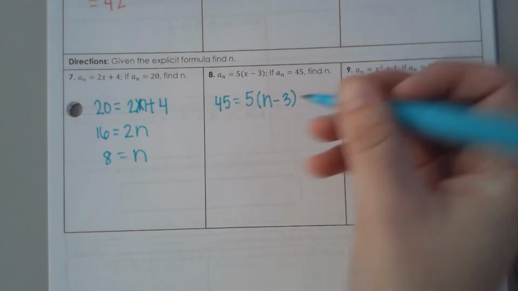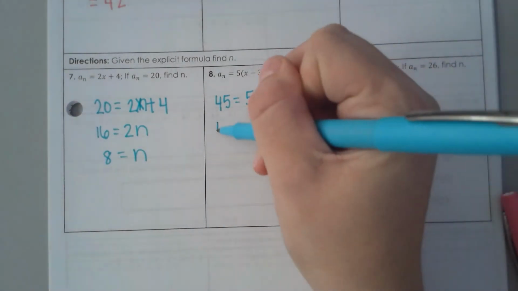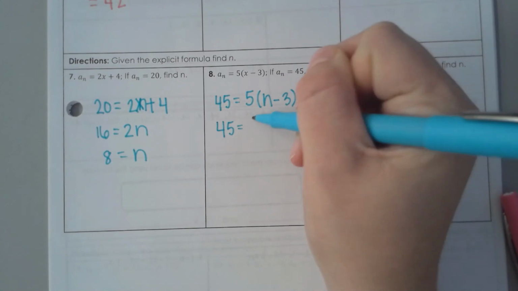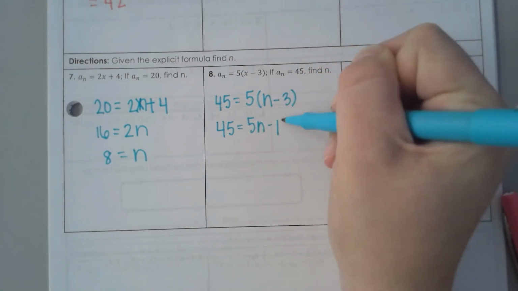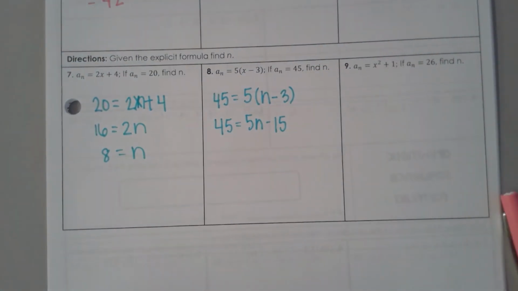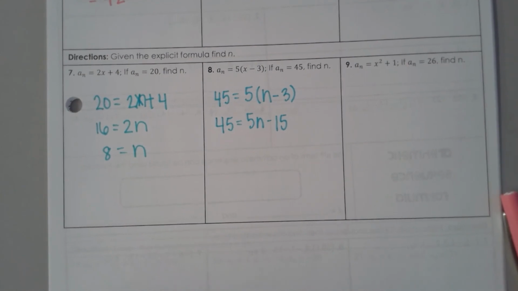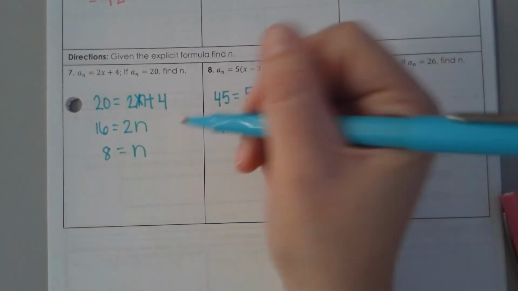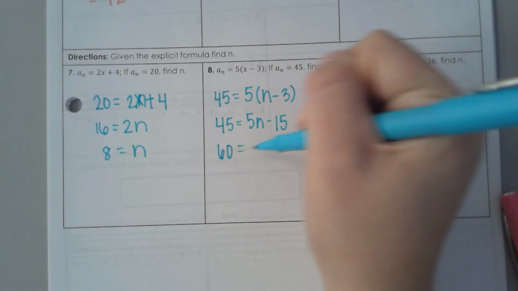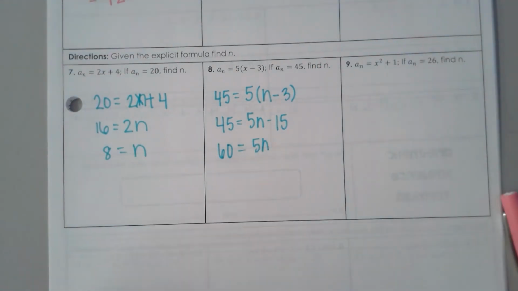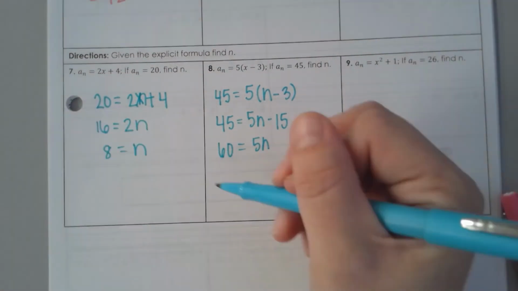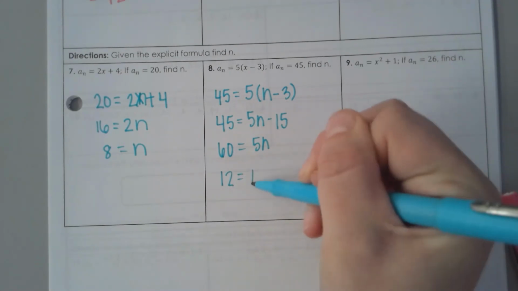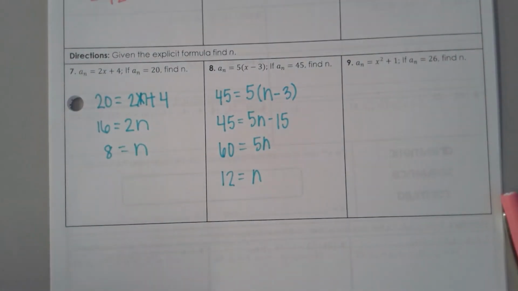It doesn't really matter. Most people probably would go ahead and distribute. So that's what I'm going to do. And we get 12. So the 12th term is 45.